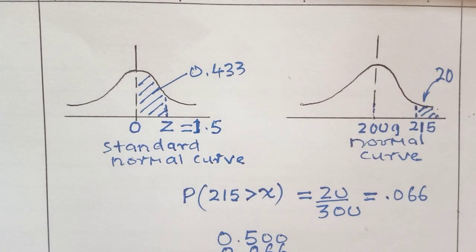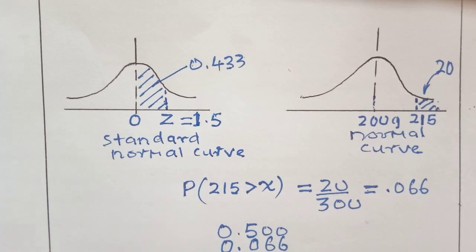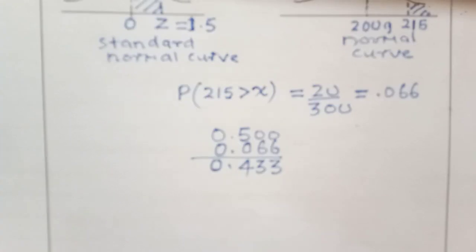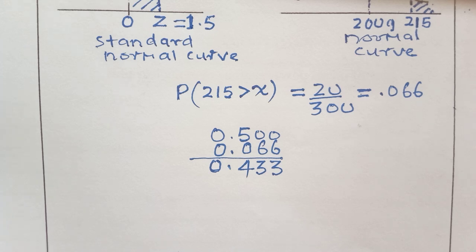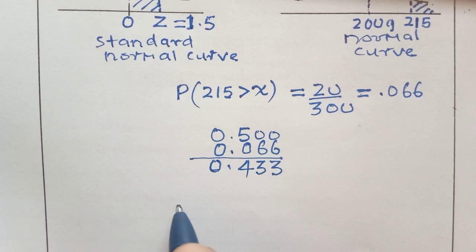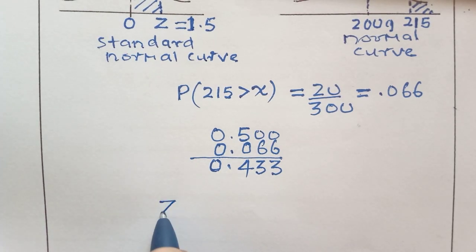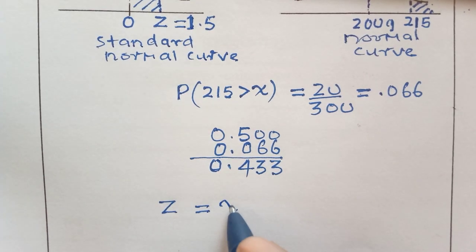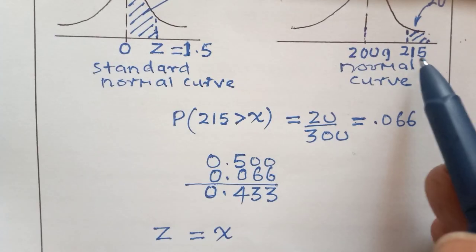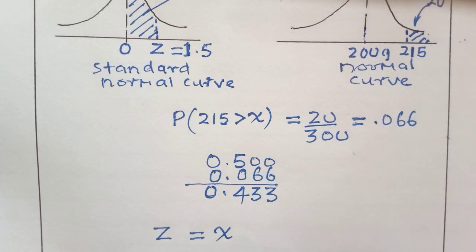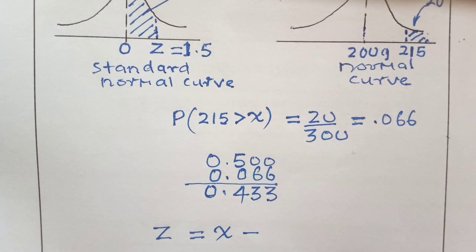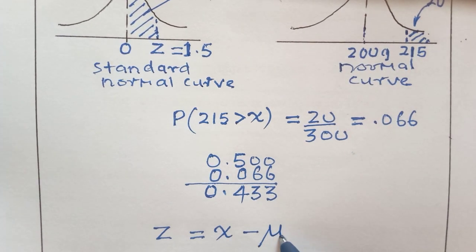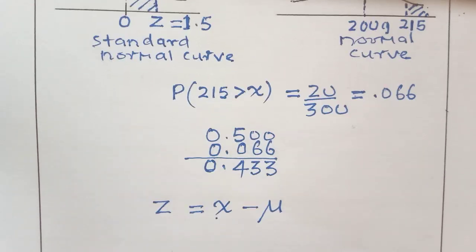So guys, we continue. After we get our Z, we know the equation for standardization, which is written like this: Z equals X, that is our value 215, minus the mean, all over the standard deviation.